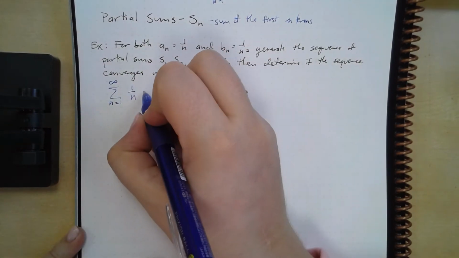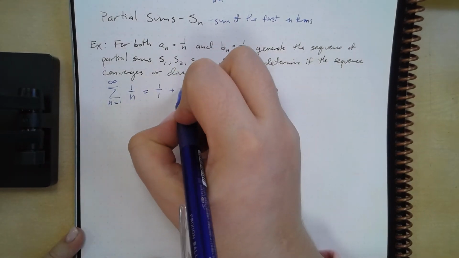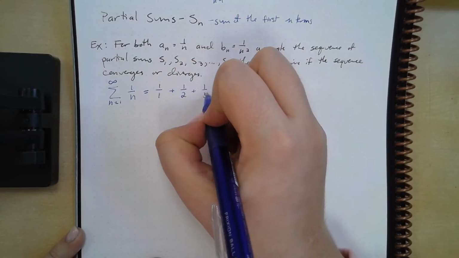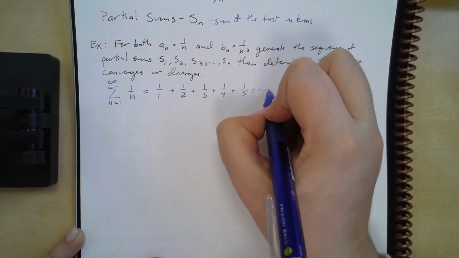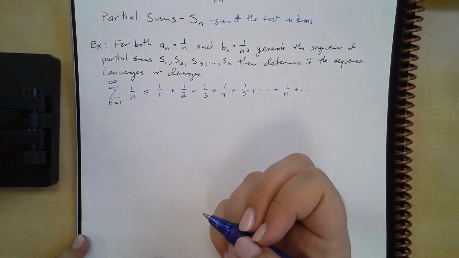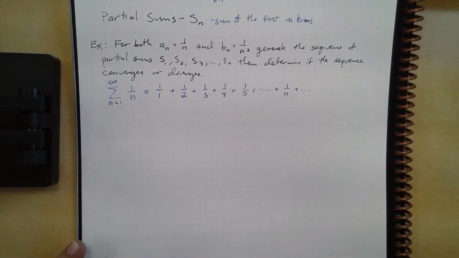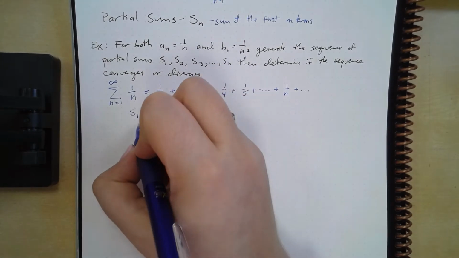Now I'm going to start writing that out a little bit and just see what that looks like. Well, that's going to be 1 over 1 plus 1 over 2 plus 1 over 3 plus 1 over 4 plus 1 over 5 plus on and on to 1 over n, which would just go on forever. So we can also look and see what our partial sums would be. Our partial sum s sub 1 would just be 1.